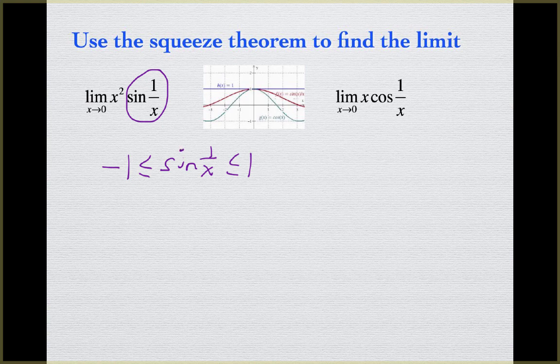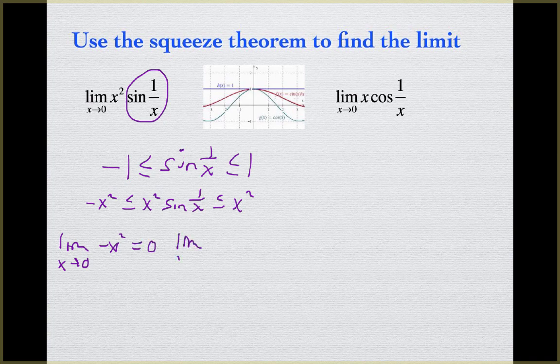We then can use some algebraic properties by multiplying everything by x squared. Then we have -x squared is less than or equal to x squared sine of 1 over x, which is less than or equal to x squared. Then we take the limits of our outer functions: as x approaches 0 of -x squared equals 0, and the limit as x approaches 0 of x squared is also 0.